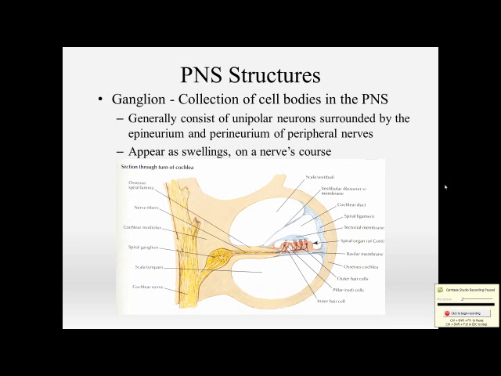Collections of nerve cell bodies in the peripheral nervous system then are ganglia, which is the plural of ganglion.